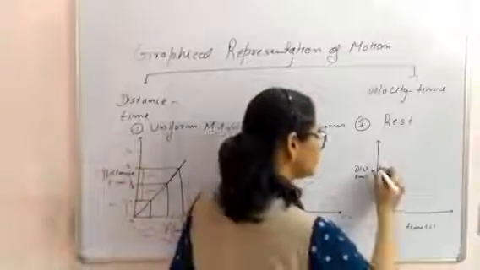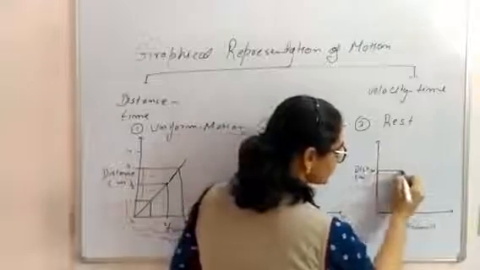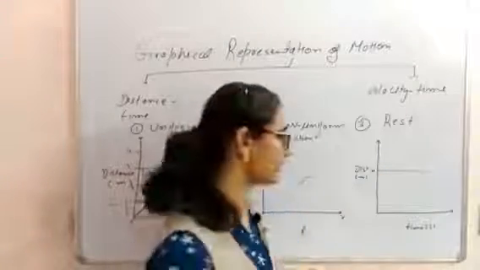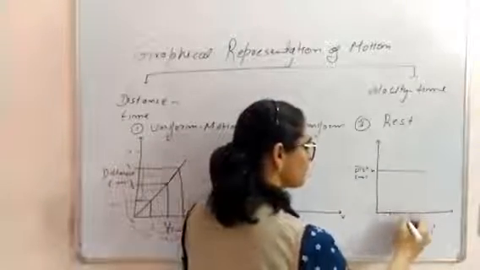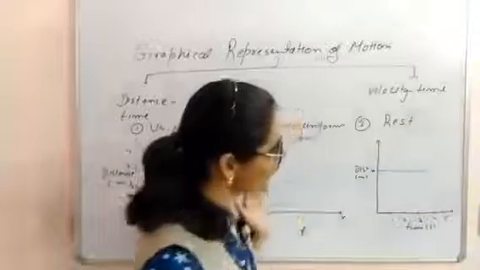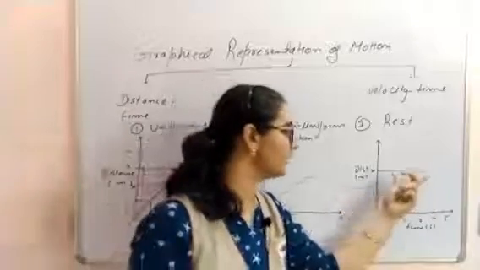That means the time is increasing, but the position of the car is the same. The car was earlier also at x, after 1 second also, 2 seconds also, 3 seconds also, 4, 5.